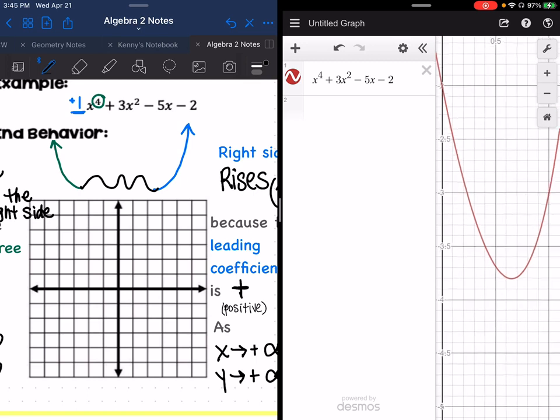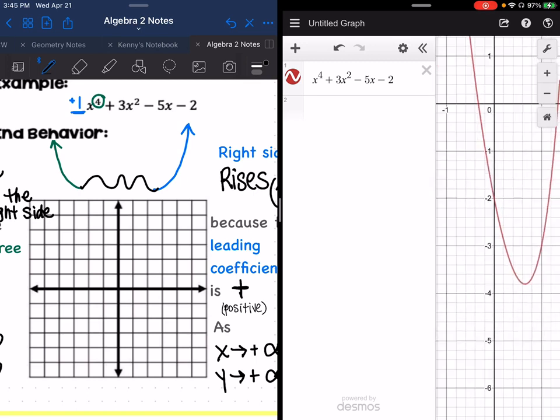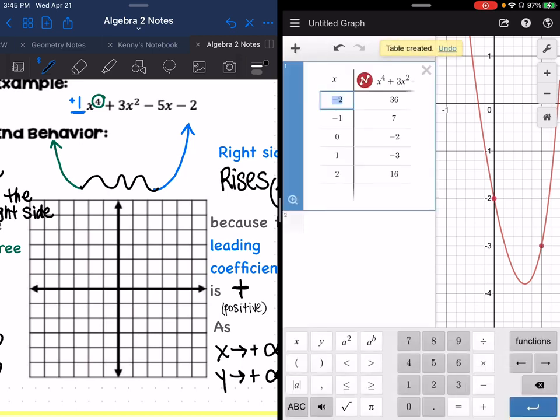Looks very much just like a parabola, huh? I could go in and grab, doesn't look right. Hold on a second. Nope, it's good. So I'm going to grab the table. There's some points that we could plot. I'm going to plot 0, -2.